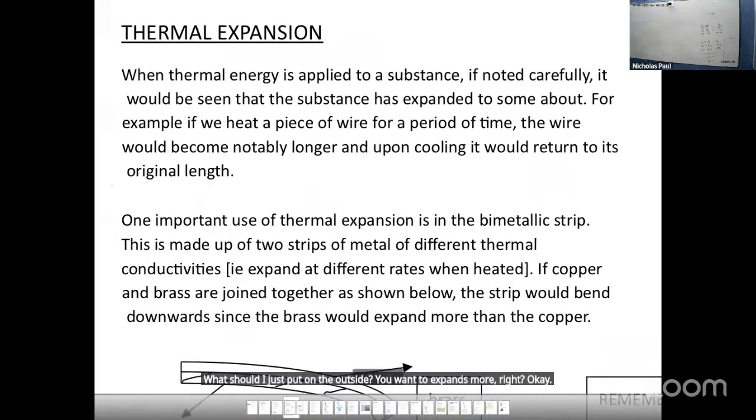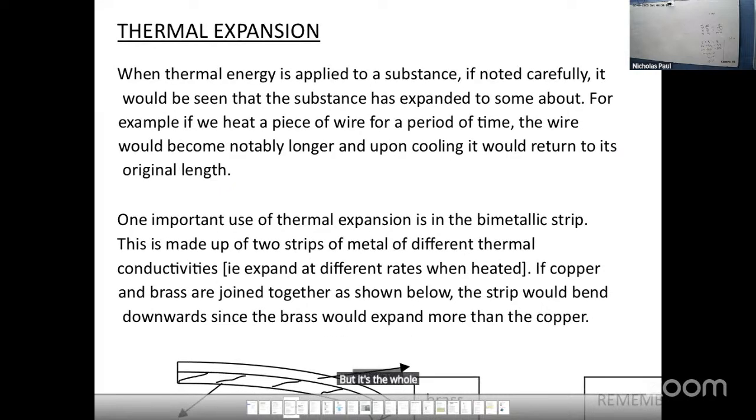Okay, so let's just take a look at this note. When thermal energy is applied to a substance, if noted carefully, it would be seen that the substance has expanded to some parts.